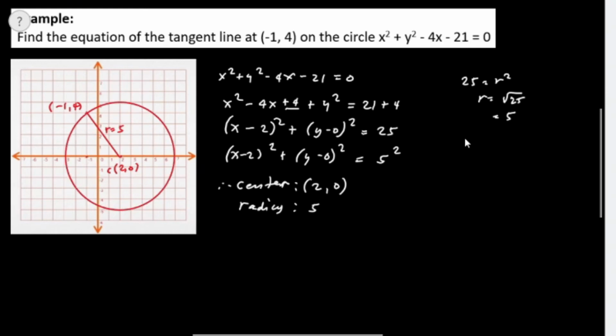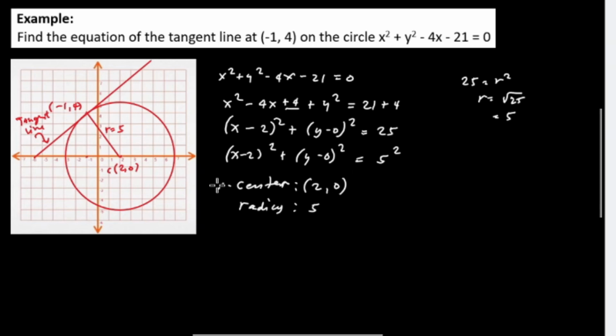This is the circle. And the tangent line is perpendicular to the radius, and this is the tangent line.